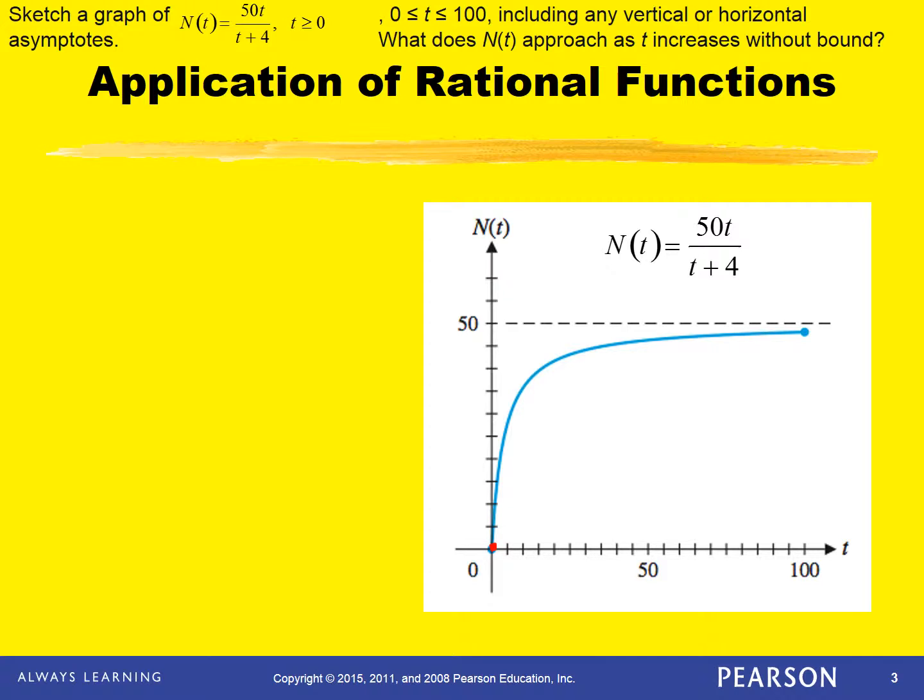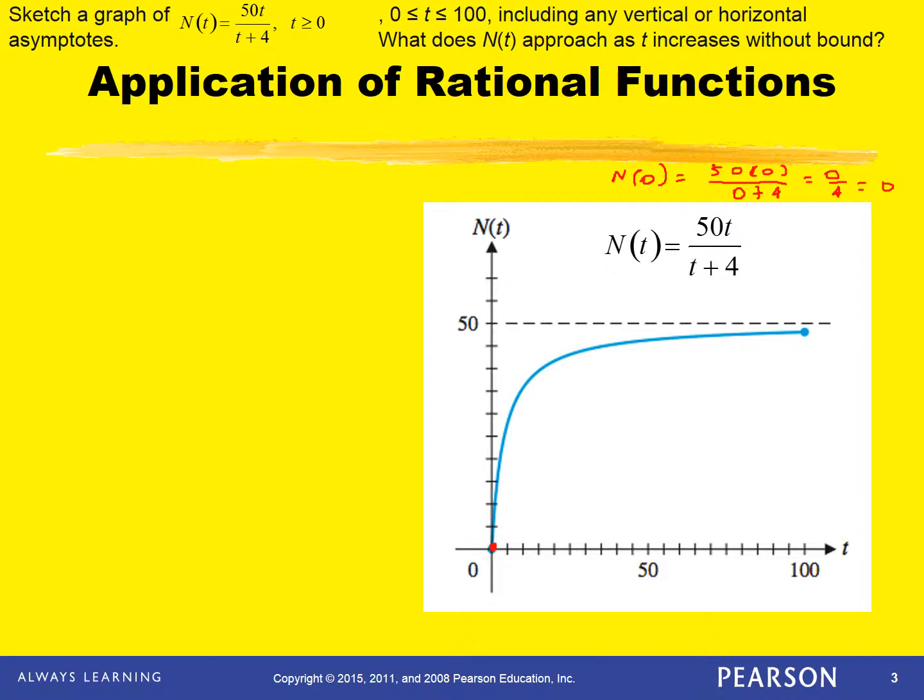I mean, what is N(0)? N(0) is 50 times 0 over 0 plus 4, which is 0 over 4, which is 0.